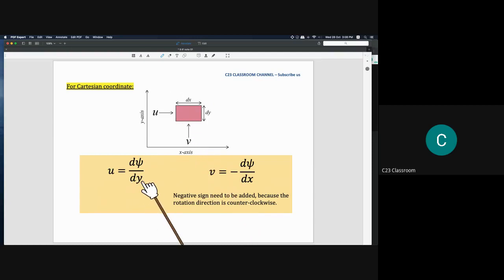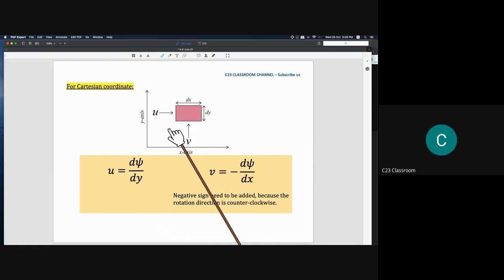So it's actually dy times dz. However, for this calculation, we assume that the width here is equal to 1. So it will become dy times 1, and then you never see the number 1 here. So that's the symbol.